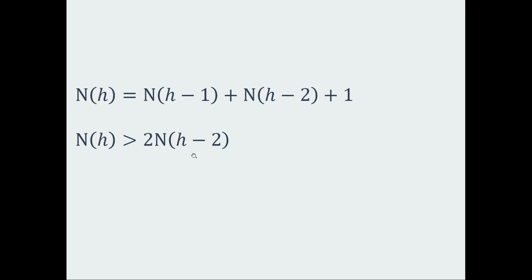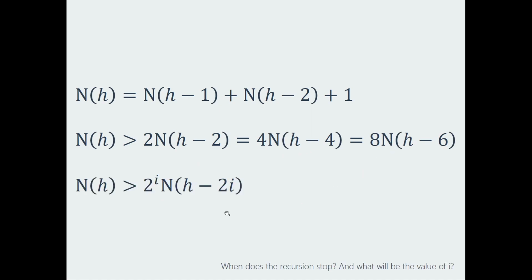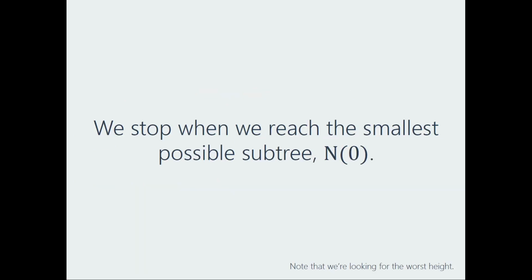If we expand this using the iteration method, we'll get this, and then this, and so on, which produces this pattern here. So when does the recursion stop? What is our base case? And what will be the value of i for it to stop? We stop iterating when we reach the smallest possible subtree, n of 0.